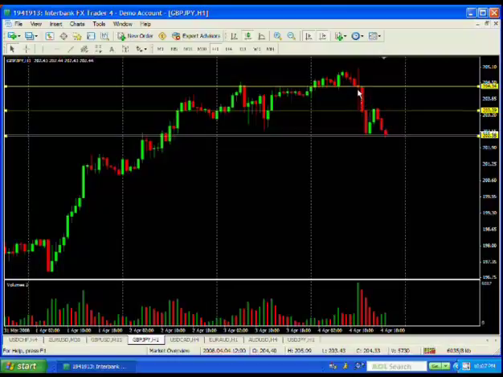Once you have a breakdown below support or a breakout above resistance, and we've been looking at closing highs and closing lows, well, your next level is the shadow. On a down move, the low of that shadow is going to be your next level of support.